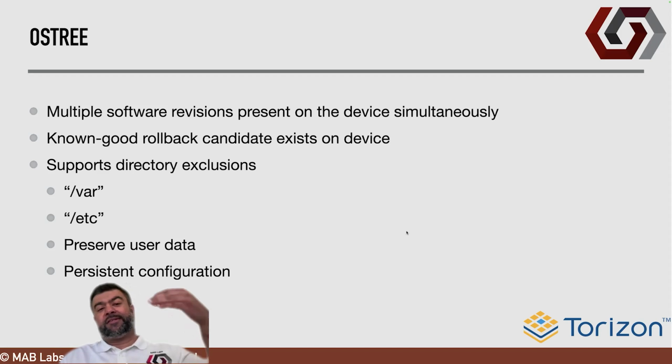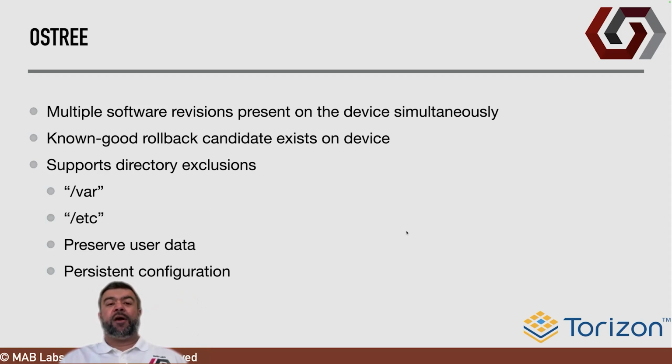Then all you're doing is piggybacking off of that baseline image with updates through this OTA mechanism. So you're guaranteed to have a known good rollback candidate on your device in case an update fails, and you're guaranteed success in rolling back to a known good version and not updating to a potentially faulty version.